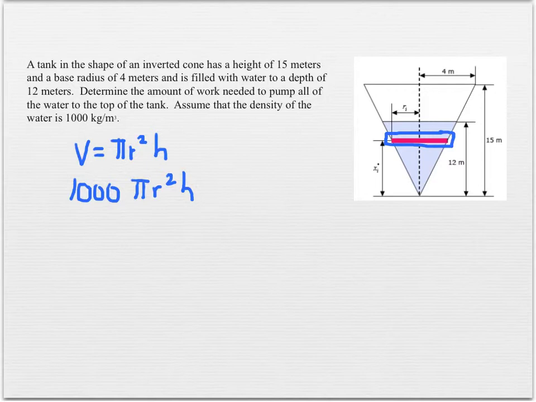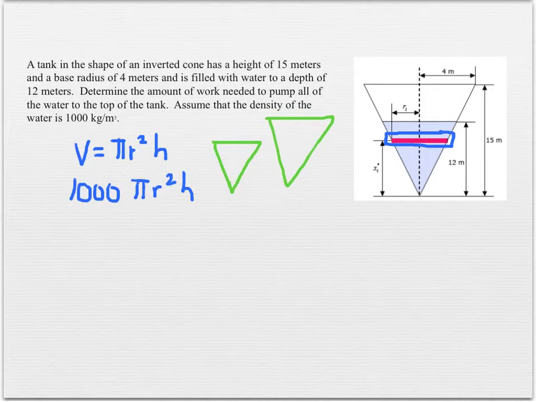So most of the time what we do then is look at the two similar triangles that we have here. We have a small one and we have a big one, and we try to visualize what the radius and the height would be of each one.